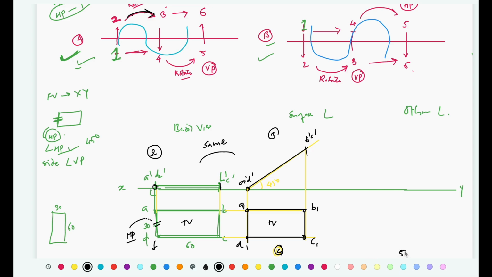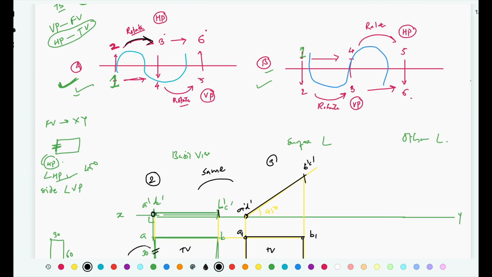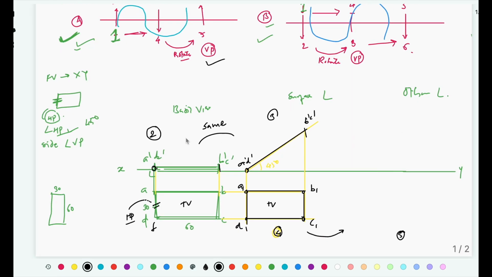Now we are going to draw step number 5, and we know that we are just going to rotate the view without changing its dimensions. The inclination in step number 3 was inclination with HP. Step number 5 is going to be inclination with VP. Now what is inclination with VP? The side is 30 degree inclined to VP. So at some point from this XY line, draw one line which is inclined at 30 degree.